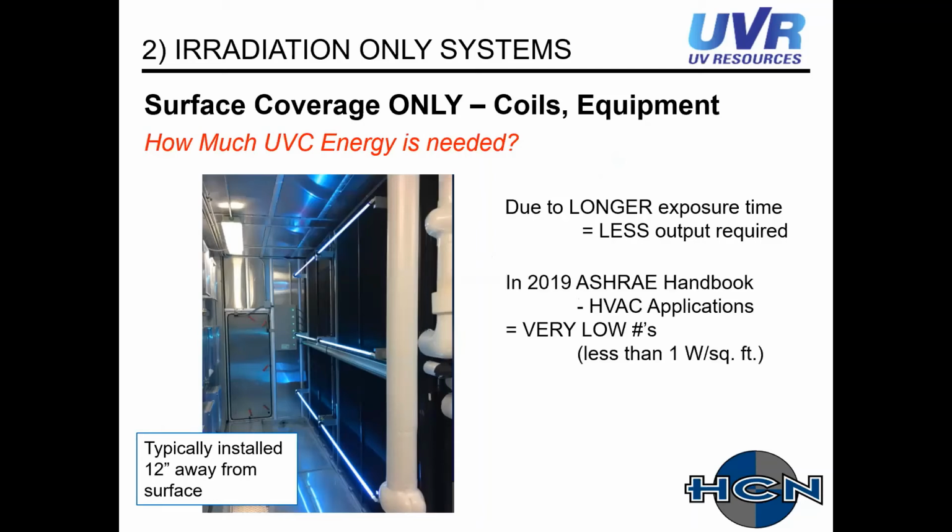So going back to our ASHRAE handbook, they have some very low numbers, less than 1 watt per square foot. What I've seen the manufacturers recommend is a range of 5 to 7 watts per square foot. And this basically turns into 1 row of bulbs approximately 30 to 36 inches apart, though it all changes depending on the application. All right. So that's just for surface coverage.